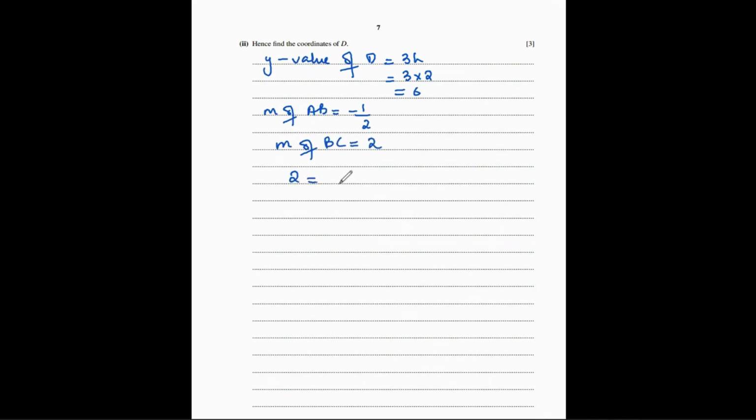So 2 equals to 0 minus 6 over 4 minus x. 2 times 4 minus x equals to negative 6. 4 minus x equals to negative 3. 4 plus 3 equals to x, and that is 7. So coordinates of D are 7 and 6. That is your answer.